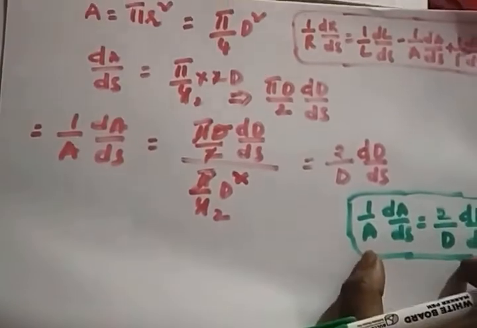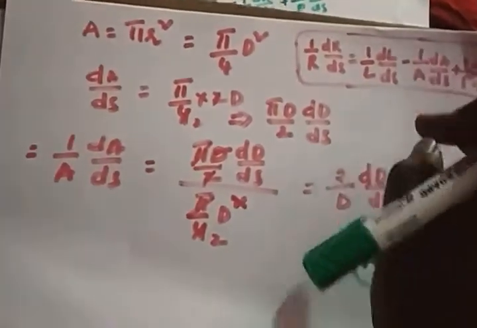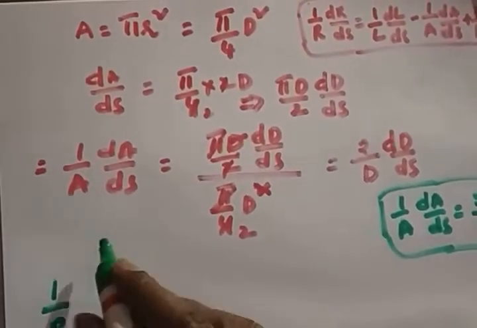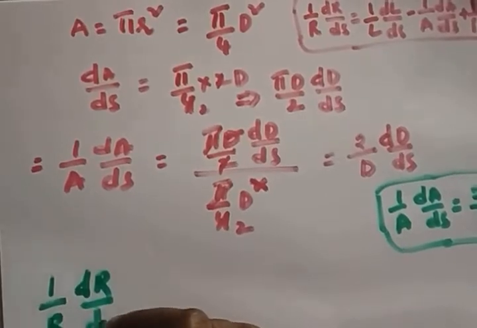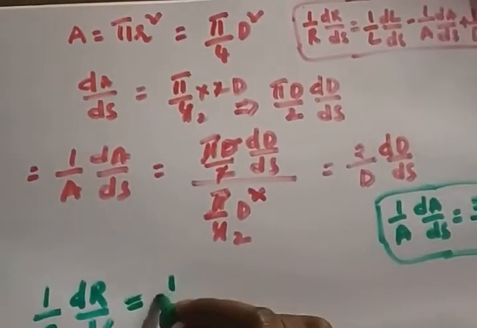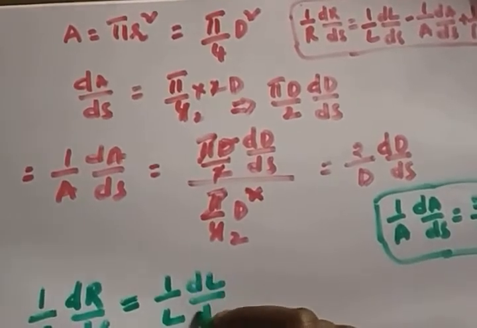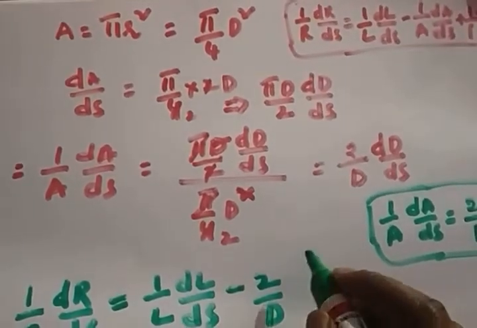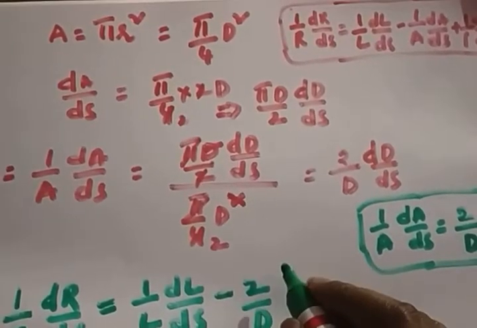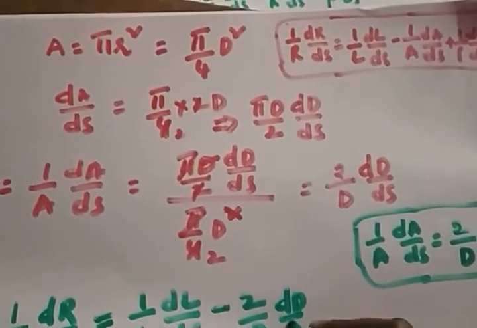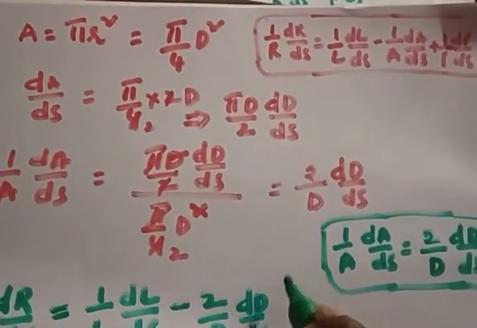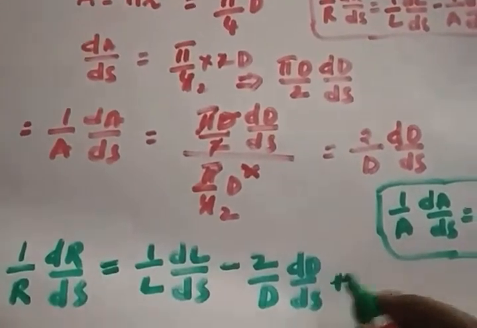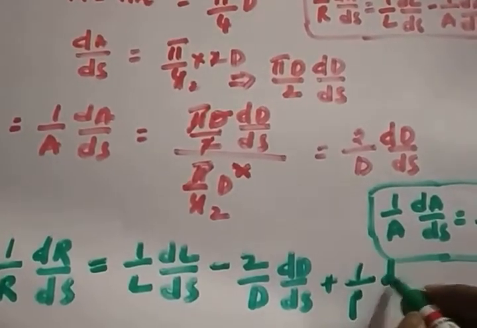Right? Then substitute 1 by A dA by ds in this equation. Then write out the whole equation. So 1 by r dr by ds is equal to 1 by L dl by ds minus 2 by d dd by ds plus 1 by rho d rho by ds.